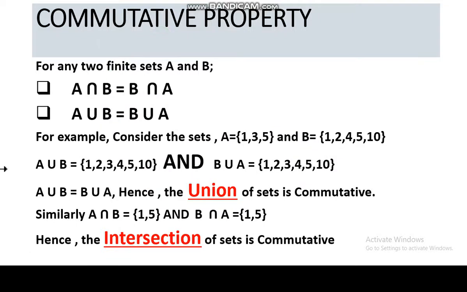The commutative property: for any 2 finite sets A and B, A intersection B is equal to B intersection A. So this is intersection.